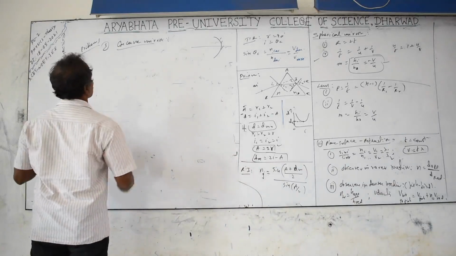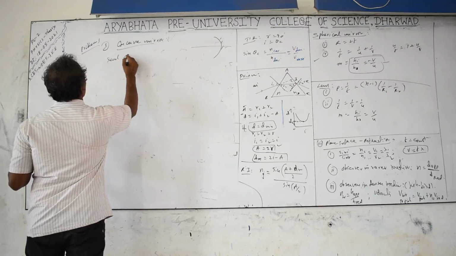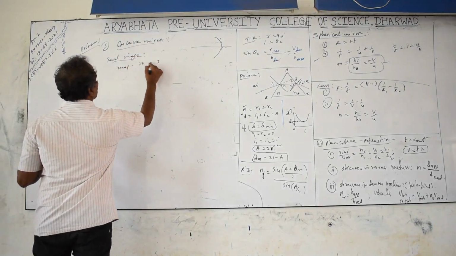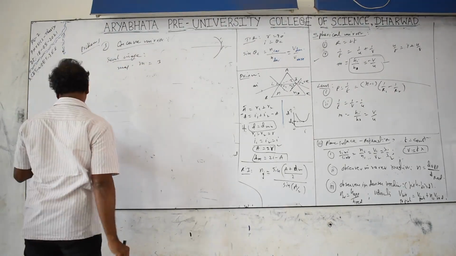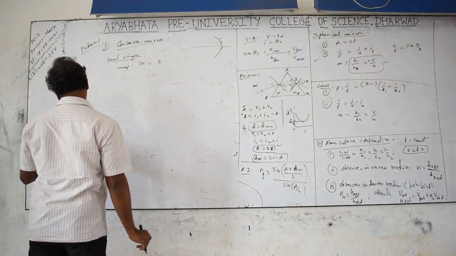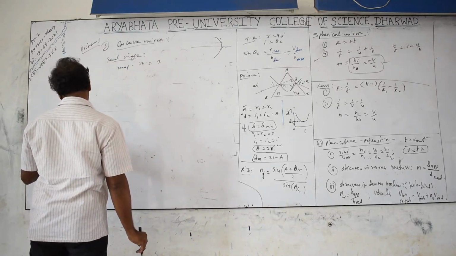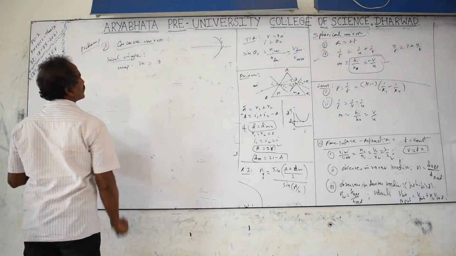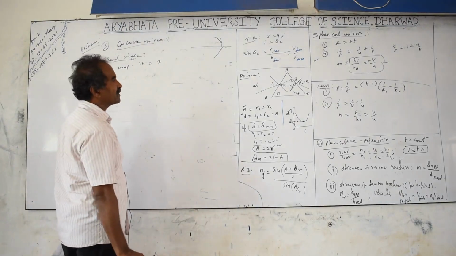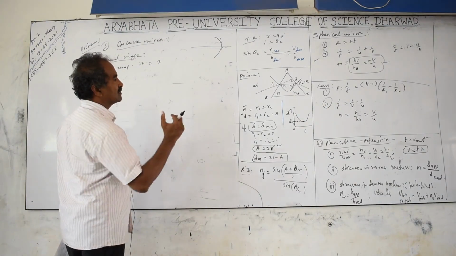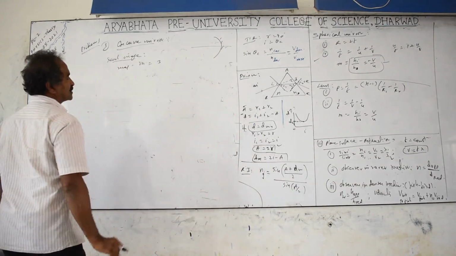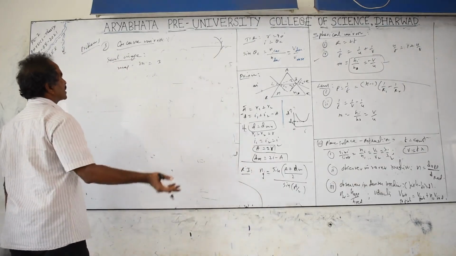A real image has a magnification m equal to 3. They told us the magnification is 3, but real images are supposed to be inverted images, unless it is a virtual image behind the mirror, where magnification can be more than one.